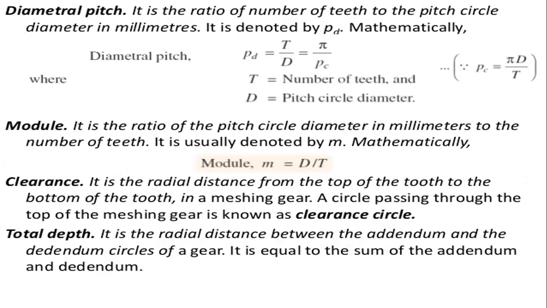Next one is the diametrical pitch. So it is the ratio of the number of teeth to the pitch circle diameter in millimeter, and it is denoted by PD. So generally this is denoted by PD, that is diametrical pitch, and circular pitch is taken as PC.